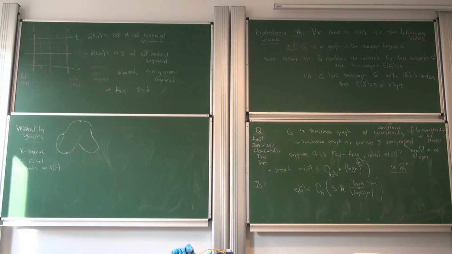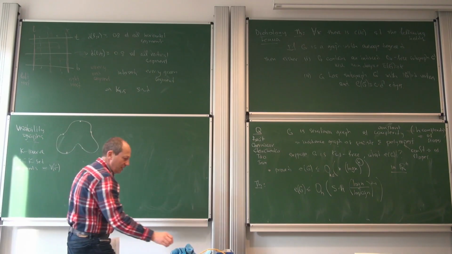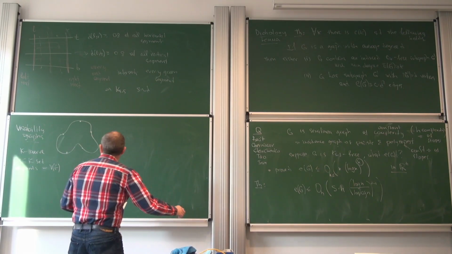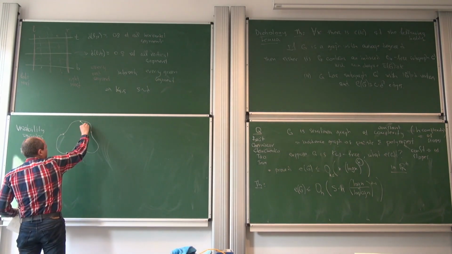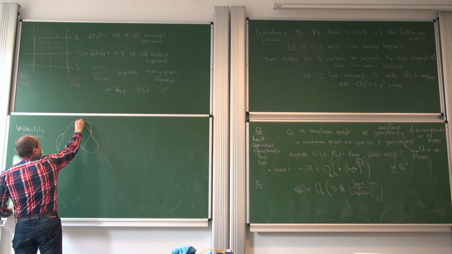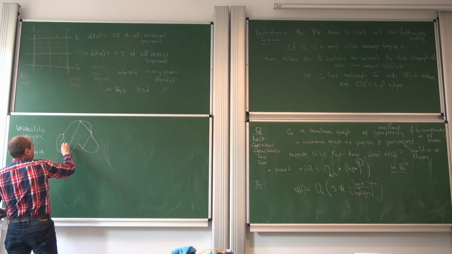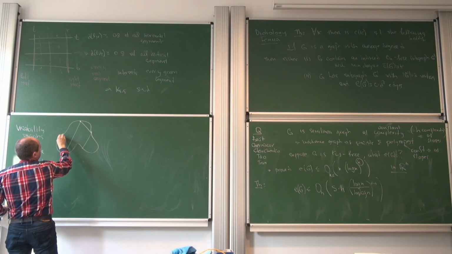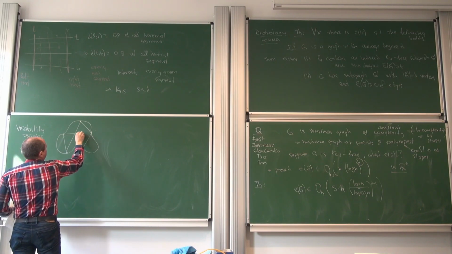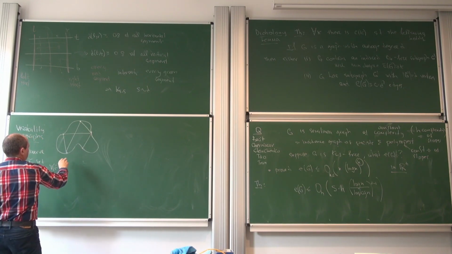And the visibility is exactly what you think. Any two points which see each other, that is, if you draw a direct line between them and this line does not intersect my curve, are connected by an edge, and otherwise not. So in this particular case, I will have these two connected, these two connected, and so on.